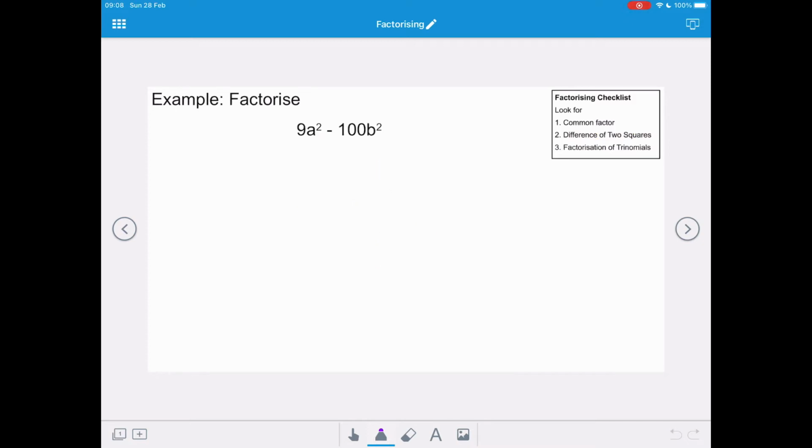Now if we want to factorize 9a squared minus 100b squared, again we're going to go to our factorizing checklist, we're going to look for a common factor. We're then going to see if we've got a difference of two squares, because there is no common factor between these two terms. And we can see that we can square root 9a squared and we can square root 100b squared.